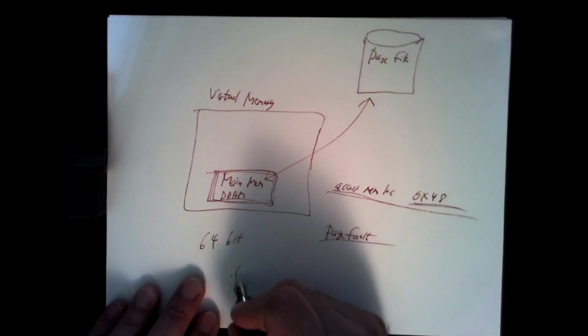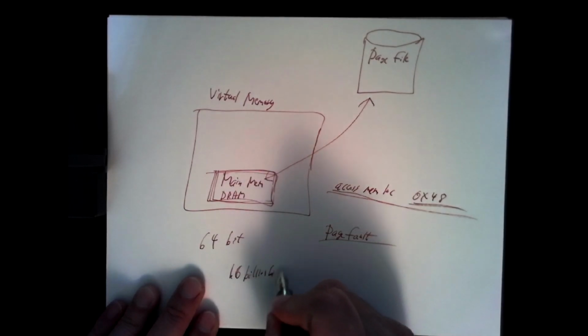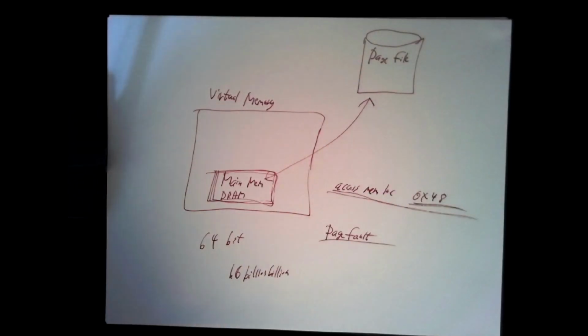Well, that's 16 billion billion, roughly. Or 16 million trillion, so 16 million terabytes worth of information. And it's going to be a while before we have a DRAM chip that can store anything close to that. But it's irrelevant to our programs.